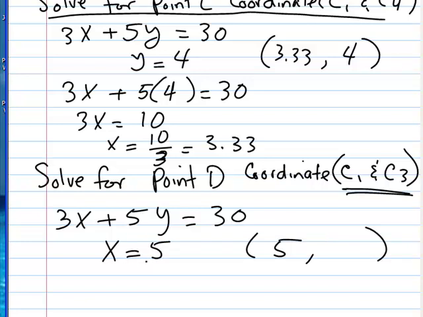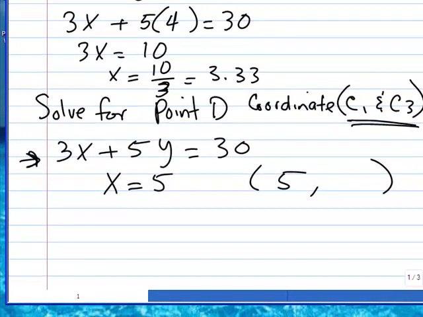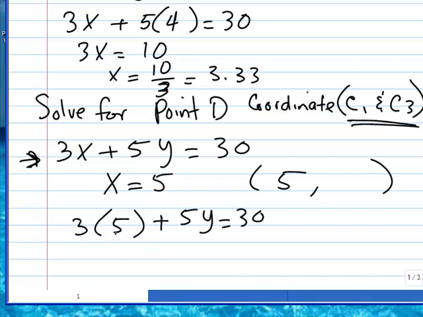So plugging x equal to 5 in this constraint, we get 3 times 5 plus 5y is equal to 30. Now 3 times 5 is 15. Take it to the other side and we get 5y is equal to 30 minus 15, which is 15.